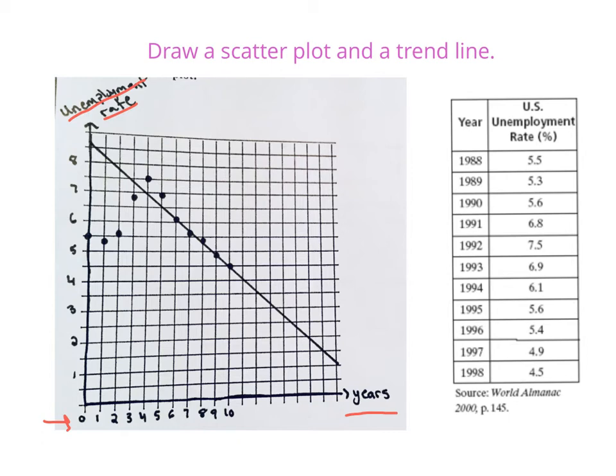And then here is my unemployment rate that really ranges from like 4 to 7.5. But I started at 1. So when you draw your scatter plot, and then I drew a trend line.